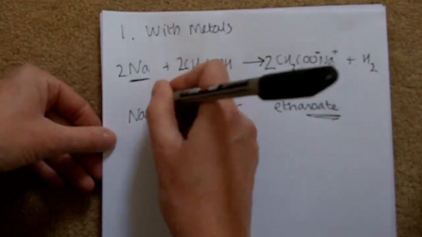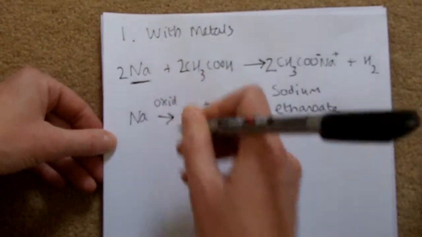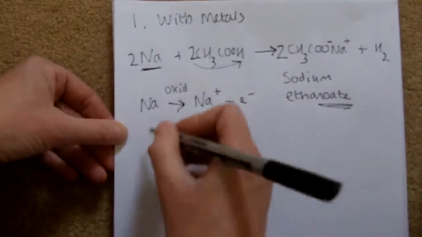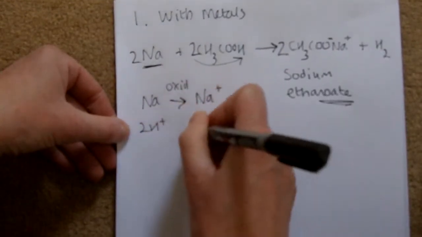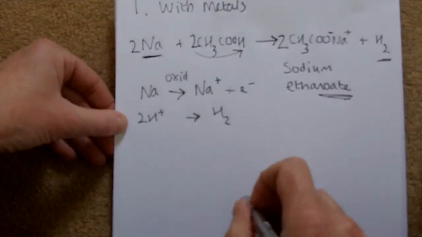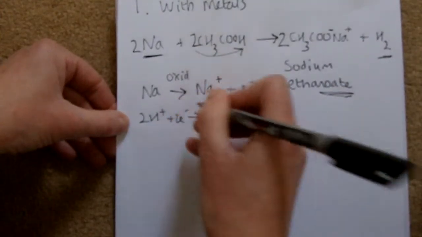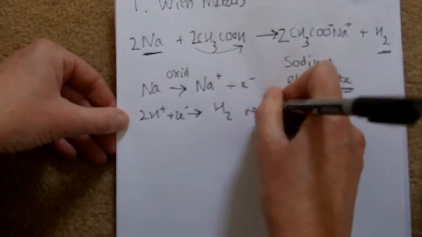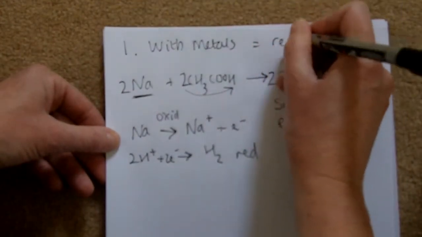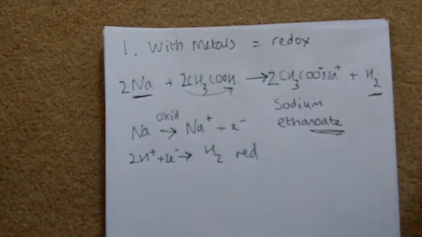Losing an electron is called oxidation. The H plus, there's two H pluses, is becoming hydrogen gas, so it's gaining 2 electrons. That is reduction. So what type of reaction is this? It's a redox reaction.